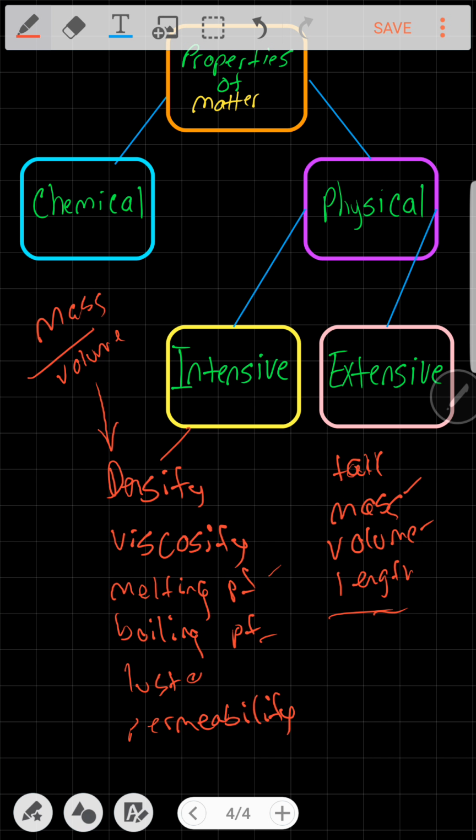So whether you have an ocean or a cup or a teaspoon or a 3-liter bag, the density of pure water is still going to be 1.0 grams for every 1 milliliter. It's the same no matter what. That's the difference between intensive and extensive. It doesn't matter how much you have. The luster of it doesn't matter if you have a whole warehouse full of shiny aluminum.